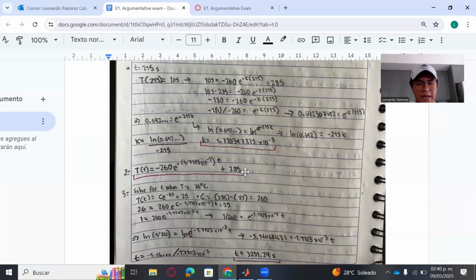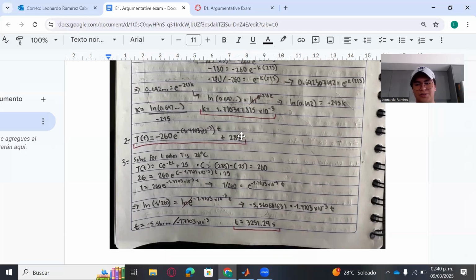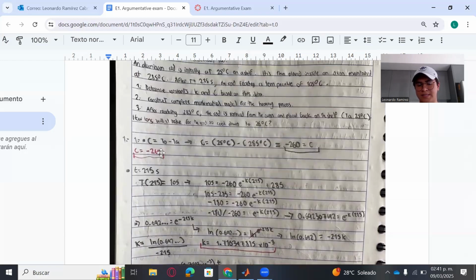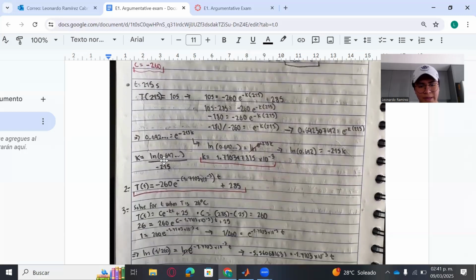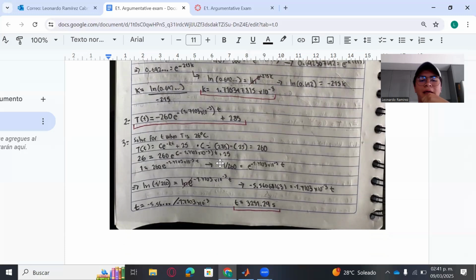And at the end, we end up with a value for K, which is a proportionality constant. We can put that into our model instead of K. And we can also find C just by using the T0 minus Ta formula. And here we will have our complete model.